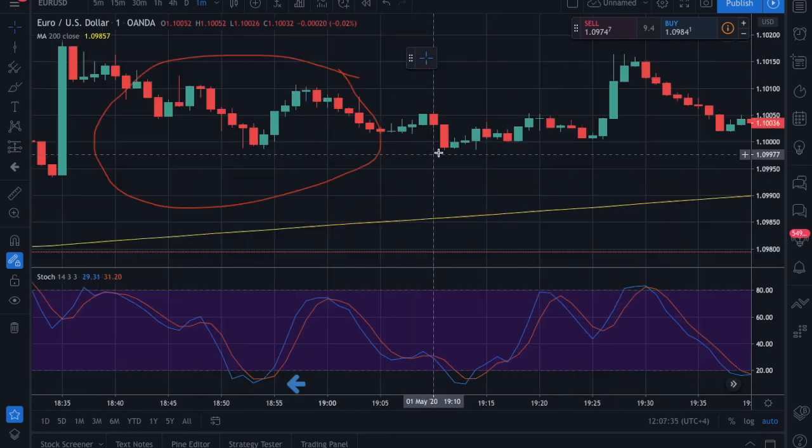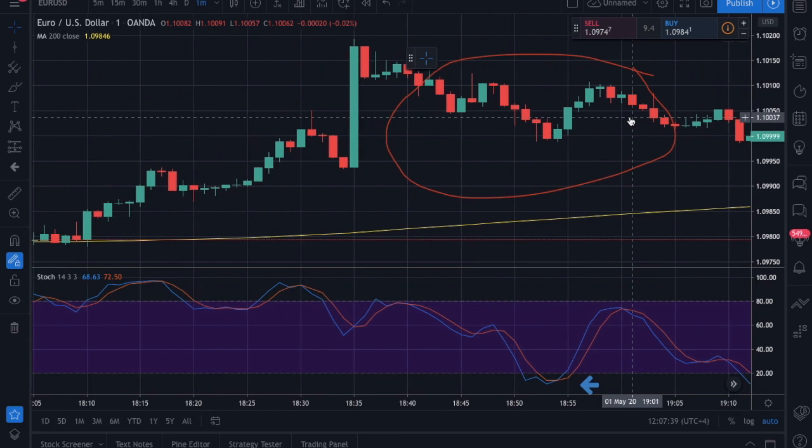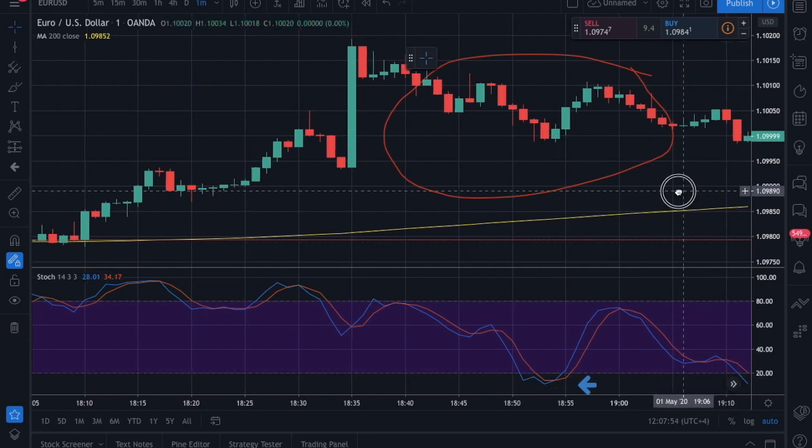Okay, guys. Here you see this red candle, the first red candle. The market is telling us that it's coming down, and also the stochastic is telling us that the lines are coming below 20. So let's see what happens after that.